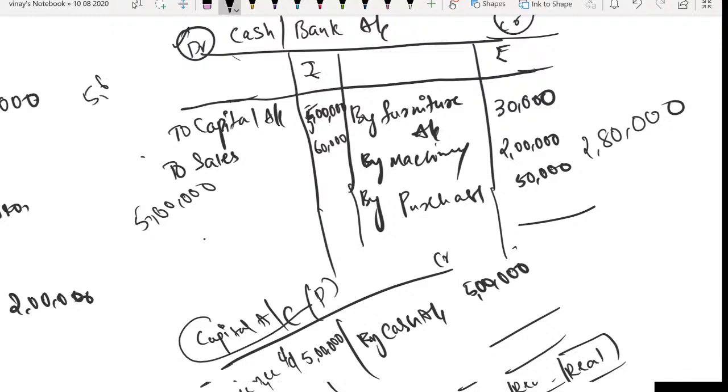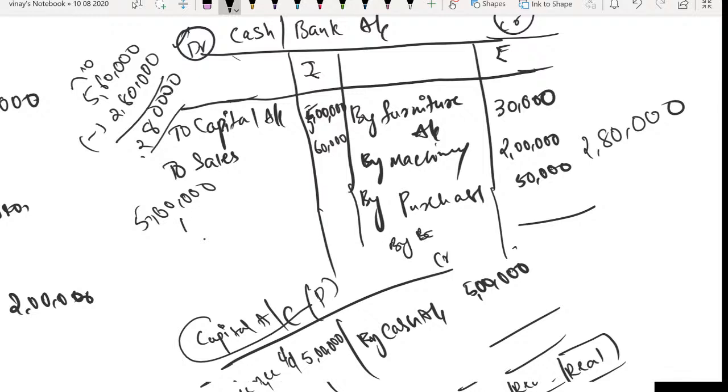So 5,60,000 minus 2,80,000 is 2,80,000. So to, by balance carry down 2,80,000. Generally we take the total amounts, just total it, and total is right here.